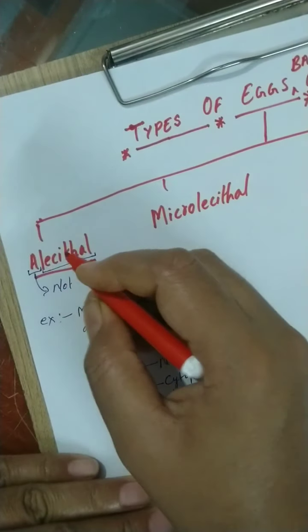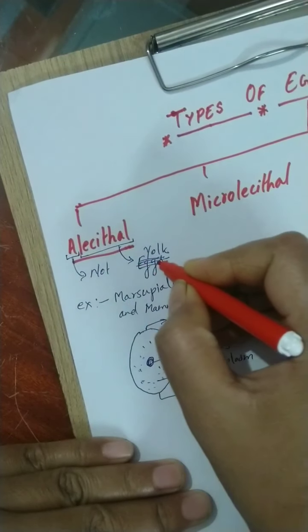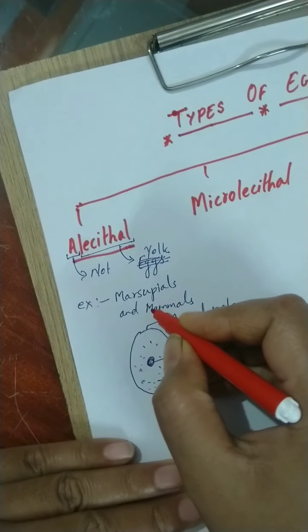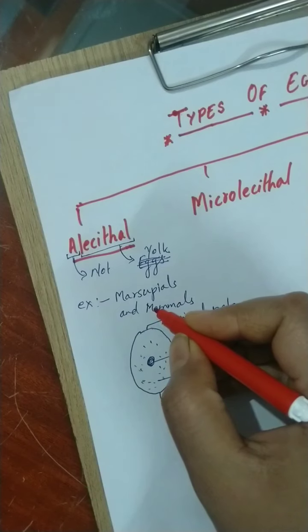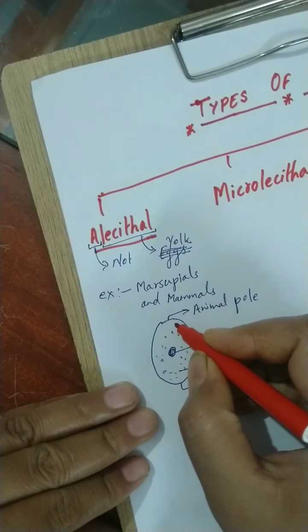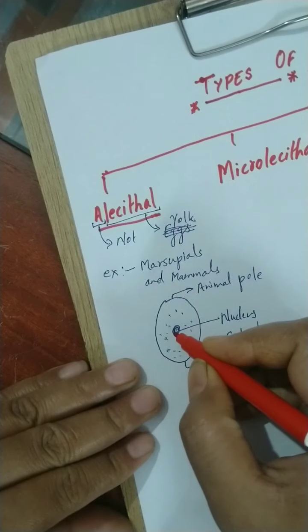A means the eggs which are not having yolk at all. They get nutrition from the placenta present inside the womb of the mother.